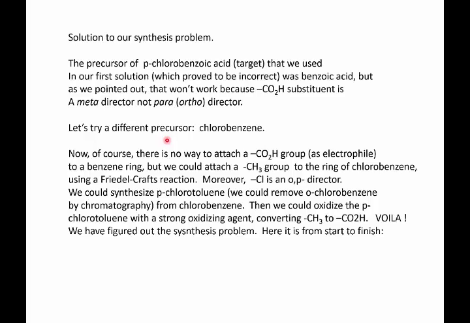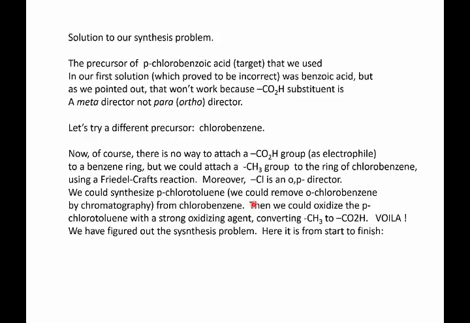With chlorobenzene, there's no way to hook on a carboxyl group as an electrophile. But what we could do is attach a methyl group to the ring of chlorobenzene using a Friedel-Crafts reaction. Moreover, the chloro substituent is an ortho-para director, so that would put the methyl group in the right position. Any ortho product we get, we could separate out by chromatography.